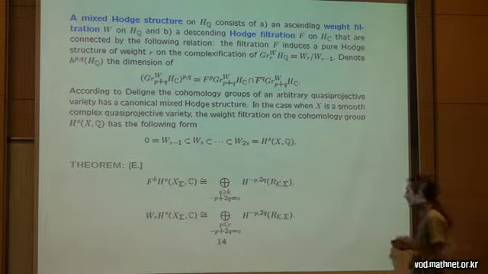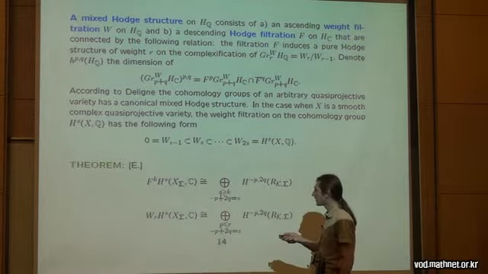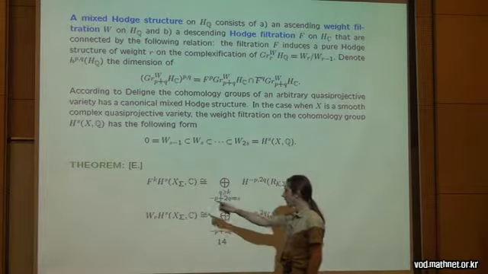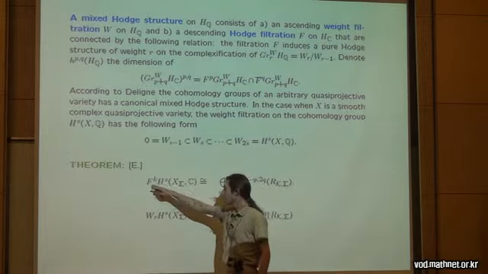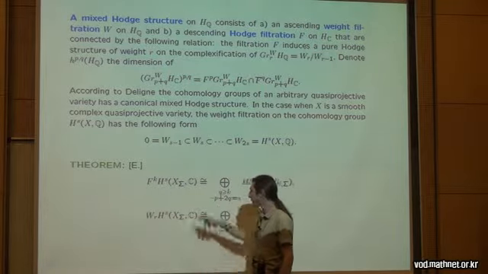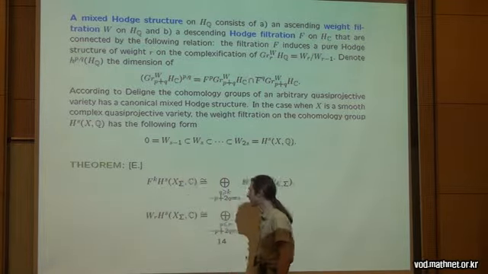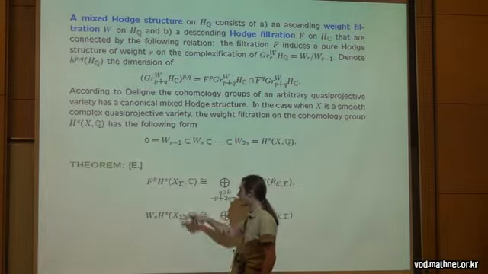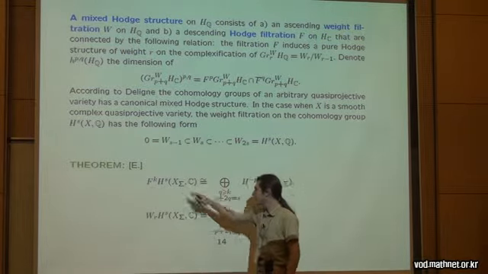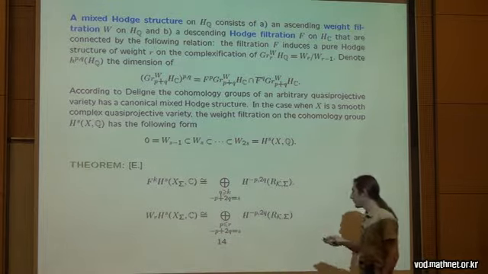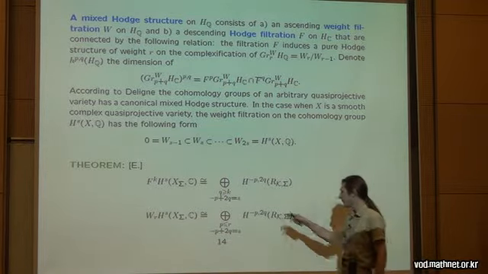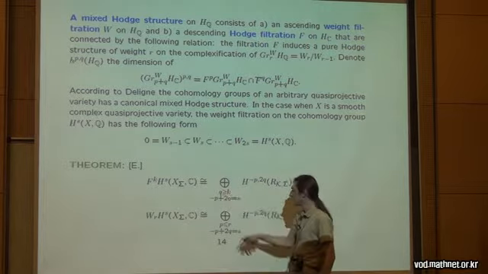And the theorem is, my theorem is that we have the following decompositions for the Hodge filtration and the weight filtration of the cohomology of a not necessarily complete smooth toric variety defined by the fan sigma. It is just a direct sum of these algebras with some indices here.